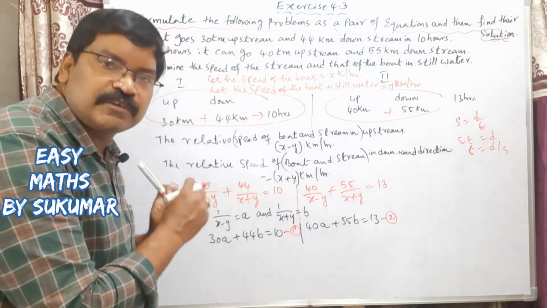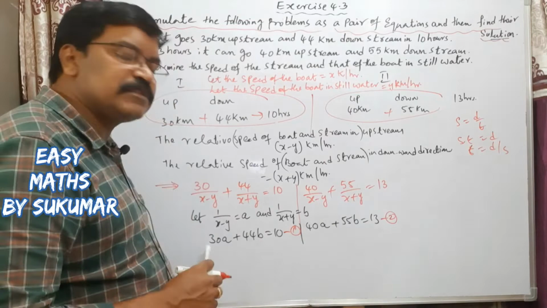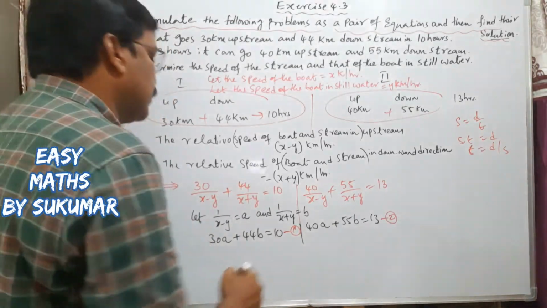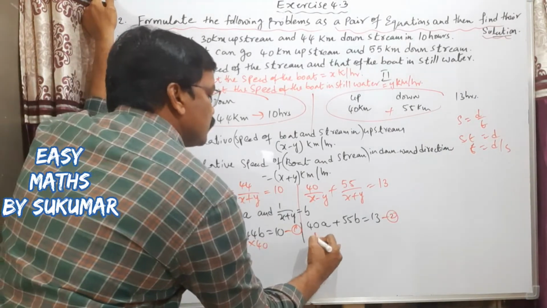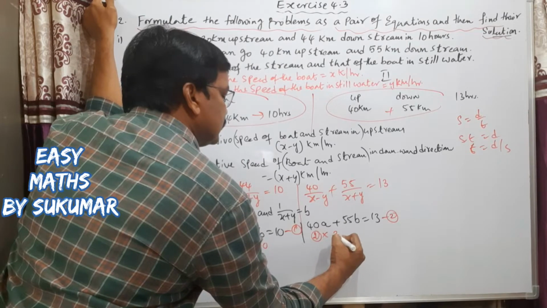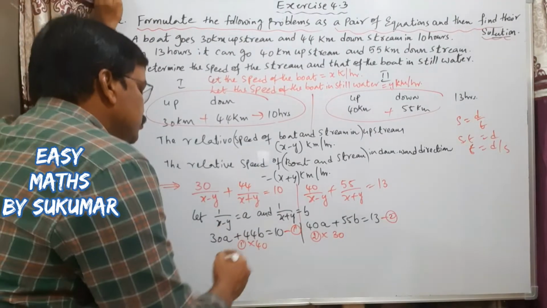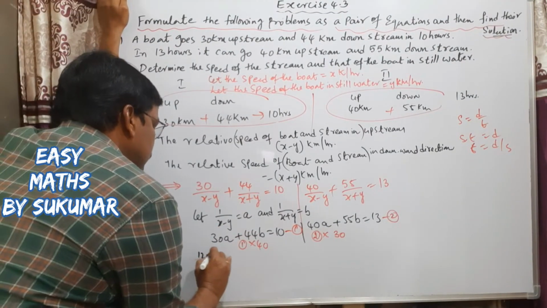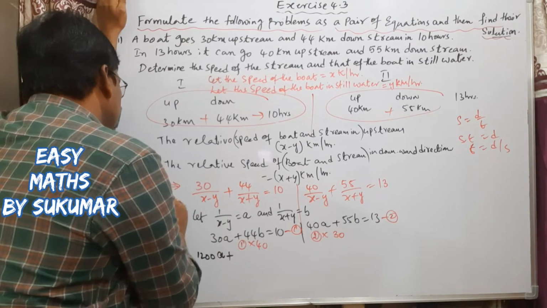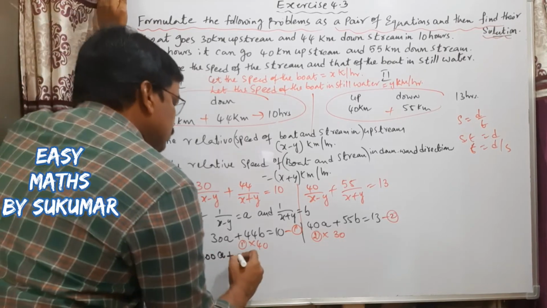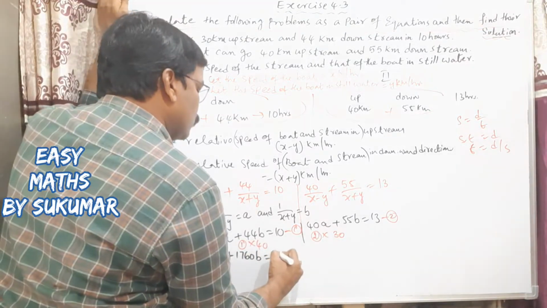Let us multiply equation 1 with 40 and equation 2 with 30. Now these equations change to 40 into 30 is 1200a plus 40 into 44 is 1760b equals 40 into 10 is 400.